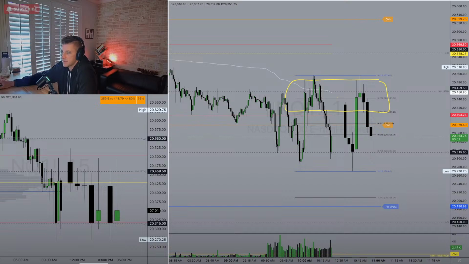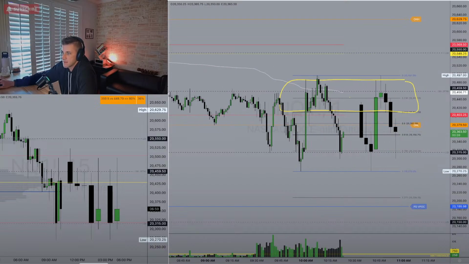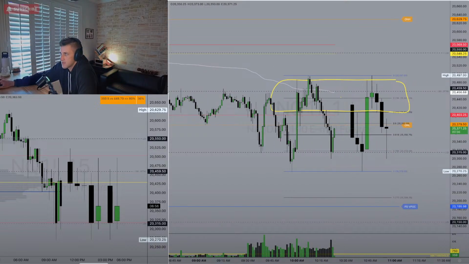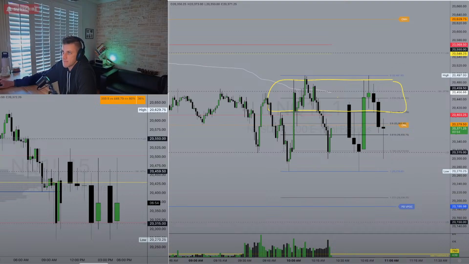Look at the uptick in volume there at 315. There you go. There's your overnight low again. So if you grab longs from 315, that's your first spot to trim, if you're a levels of interest enjoyer.